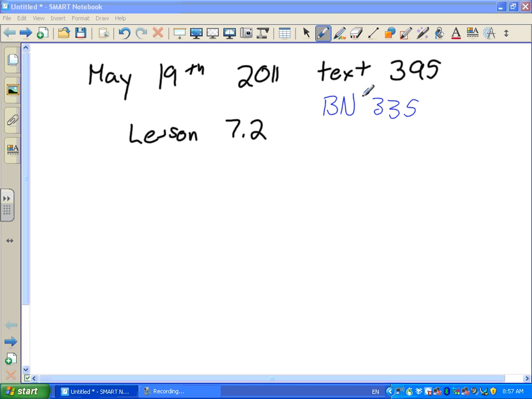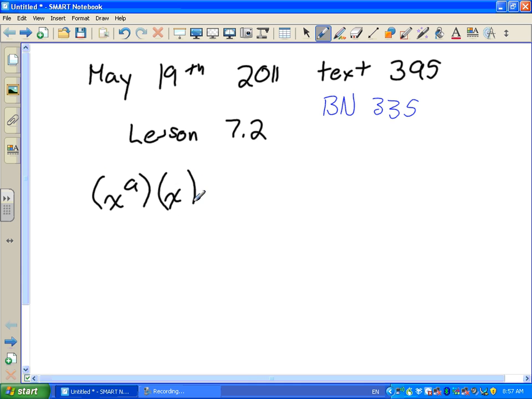So you guys for sure would have learned this in grade 9, possibly elementary school. I need you guys to remember this. So, first law, x to the power of a times x to the power of b is equal to x. Anyone know what I do with those exponents?